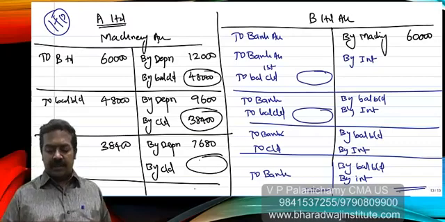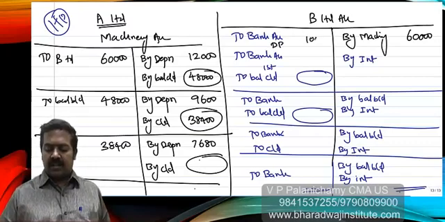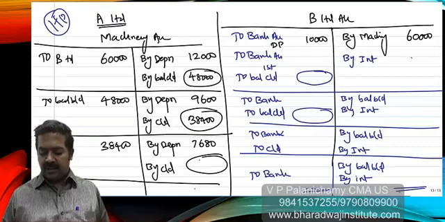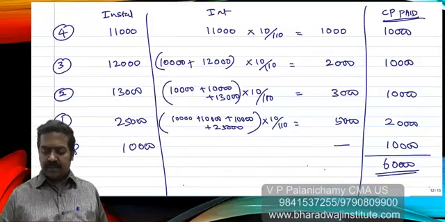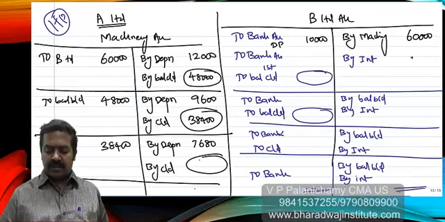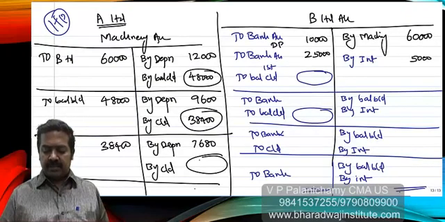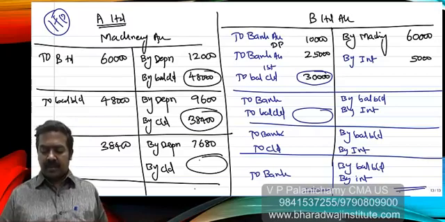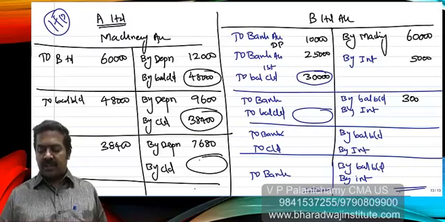To bank, what is the down payment made? 10,000. Check the table. Interest for the first year is how much? 5,000. And that 25,000 is paid. Balance carried down is 30,000. 30,000 interest for the second year is 3,000.